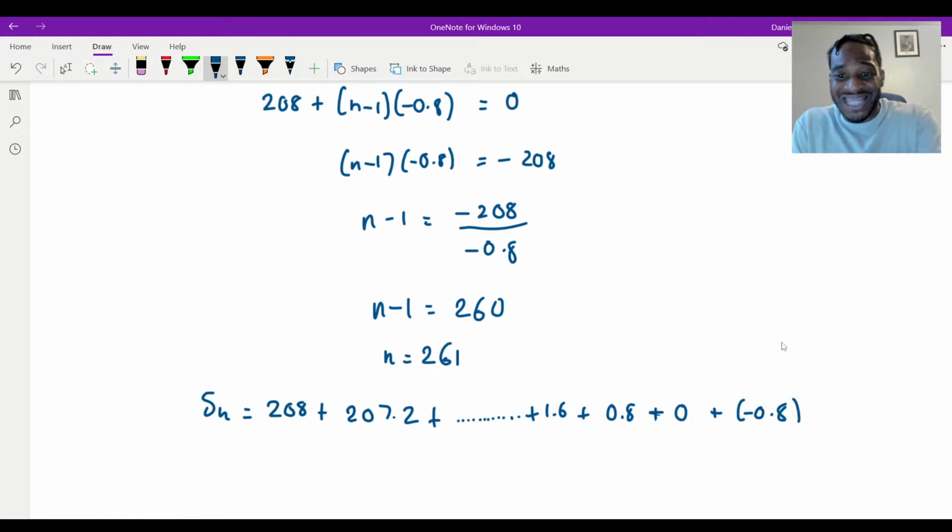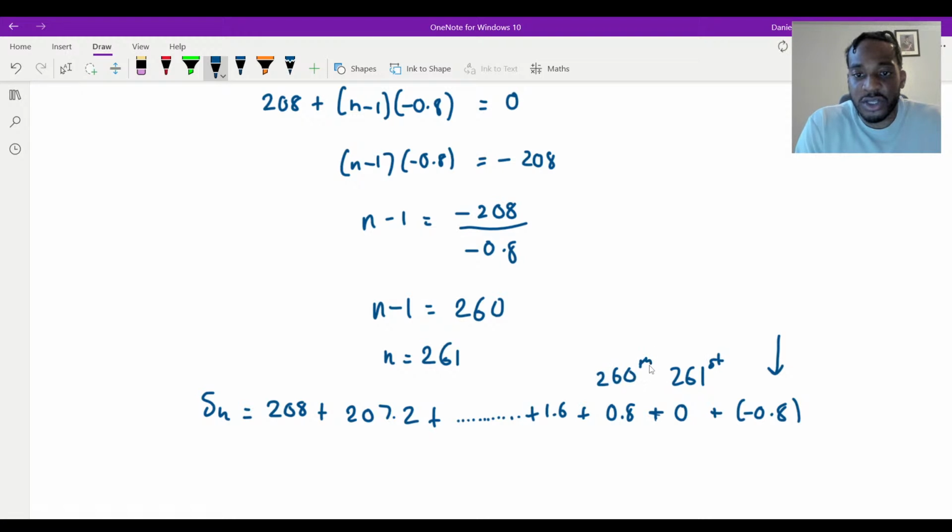So the moment I get that term right there, the Sn term is going to be decreasing. So what we could say here is, how many terms are here? Well, we know that this is the 261st term. This is the 260th. This is the 259th, and so on and so forth.